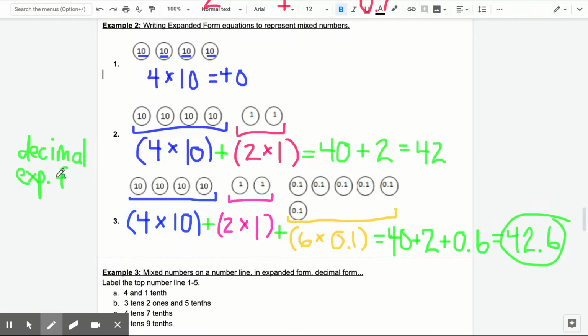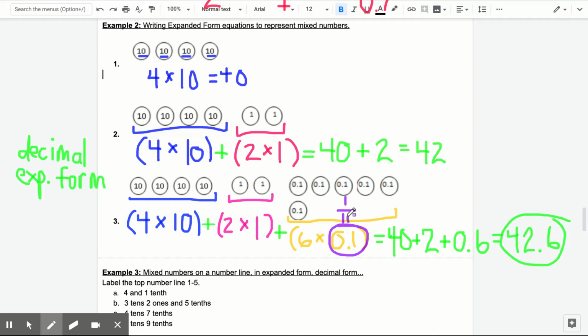Okay. The other expanded form you will see today, or you will have the option of solving with today, would be fraction expanded form. Okay, so that's where you are going to see, let me pick a new color, the decimal part right here, where you see the 0.1, the tenth. You would just see that written as 1/10, 1/10.